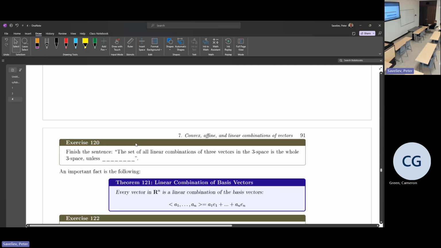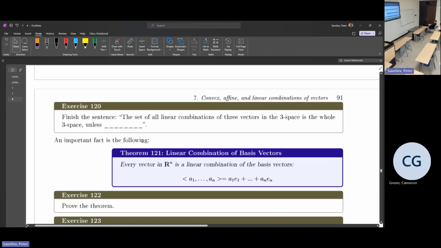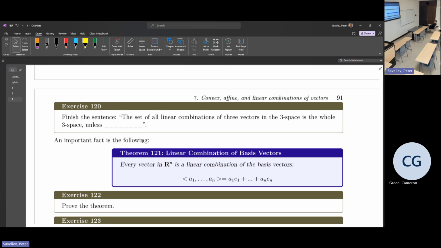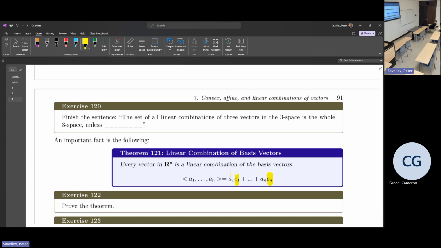So that's really the most important thing about linear algebra. The rule about linear combinations is that if you start with the basis vectors E1, En, when all the coordinates are equal to 1, these are the original choices, and then every vector can be represented as a linear combination of those basis vectors.